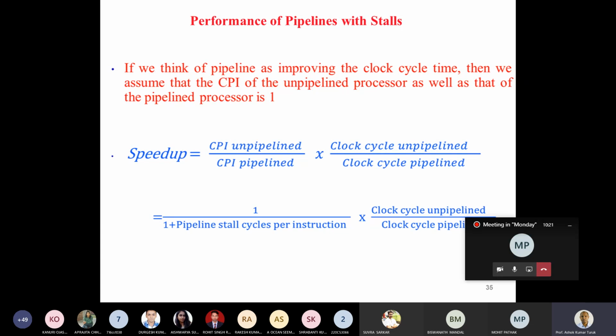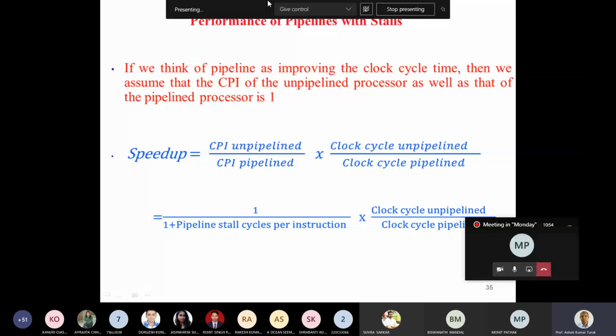You always assume that the ideal CPI of a pipelined processor is 1. So the unpipelined machine takes only 1 clock cycle per instruction, but the clock cycle time is much larger, and we have to reduce it. The ideal CPI of the pipelined machine is 1, and the actual CPI is 1 plus the pipeline stall cycles per instruction. So this is what we obtain.